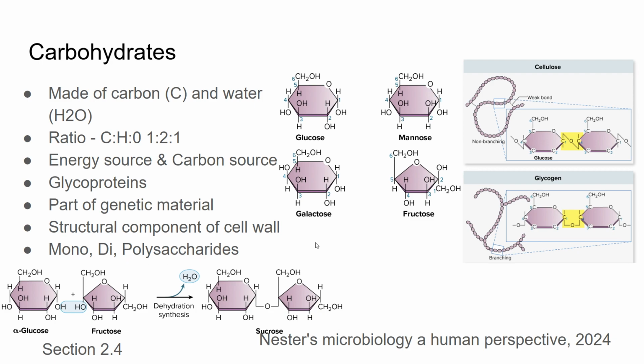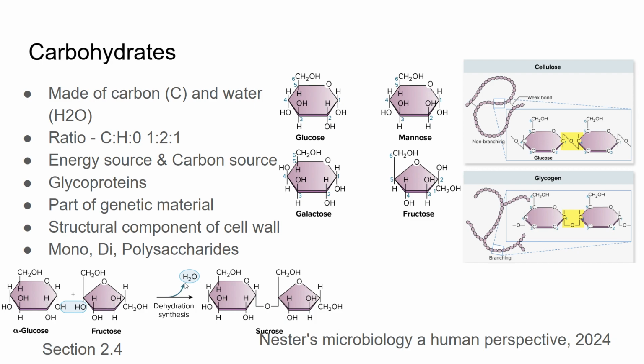So some examples of monomers or carbohydrates are glucose, mannose, galactose, and fructose. If it ends with ose, it's going to be a sugar. So we can go through and use that condensation reaction or dehydration synthesis in order to combine those different carbohydrates together.